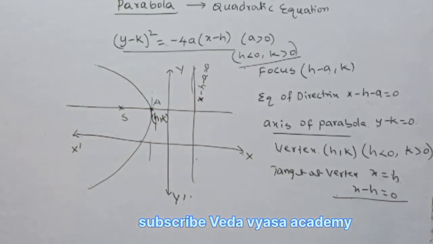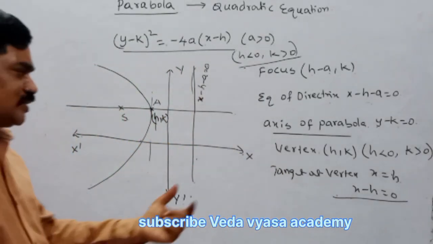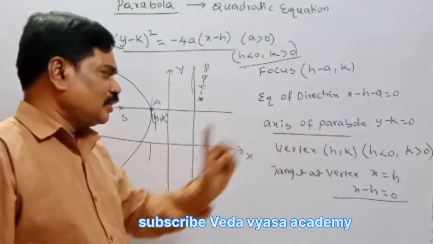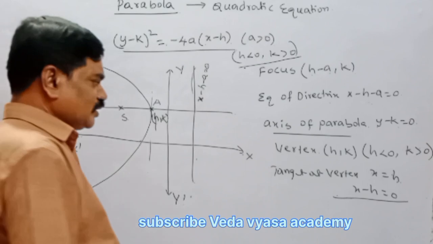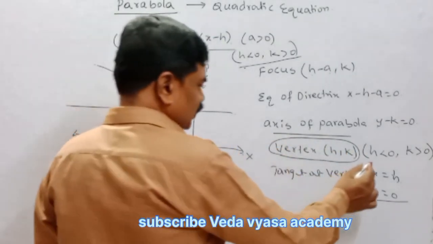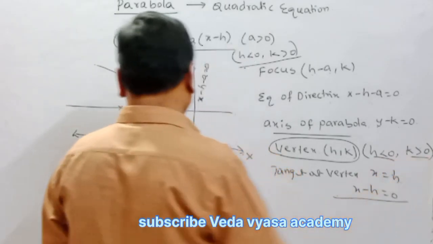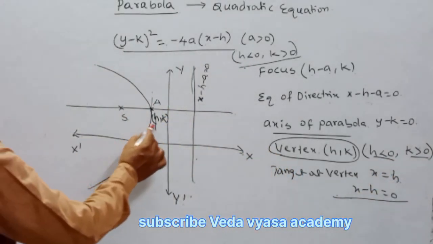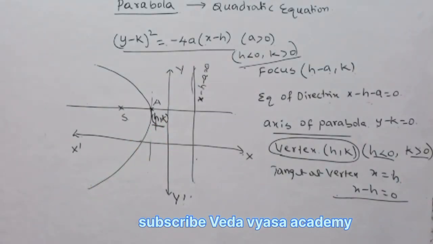This is the equation of tangent at vertex. This is the axis of the parabola. And the vertex of the parabola is (h, k), where h less than 0, k greater than 0. Okay, all of you? That's all.